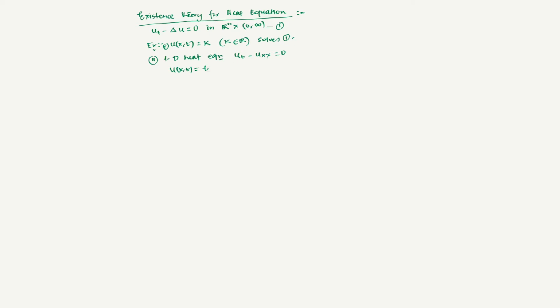Then u_t is basically 1, and minus this has to be u_xx. So you are looking for a u such that u_xx is 1, which is essentially x squared by 2, right? You take one derivative, it is x, and twice derivative is 1. So that is 1 minus 1. So this is a solution of (2).